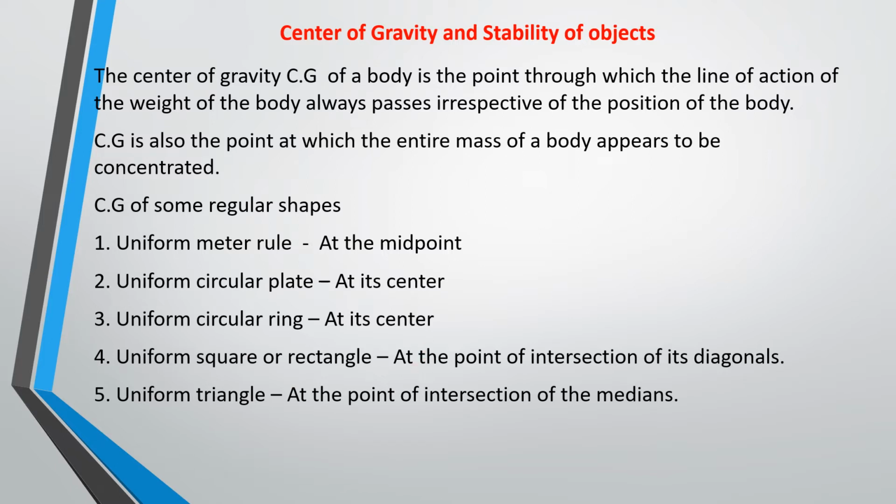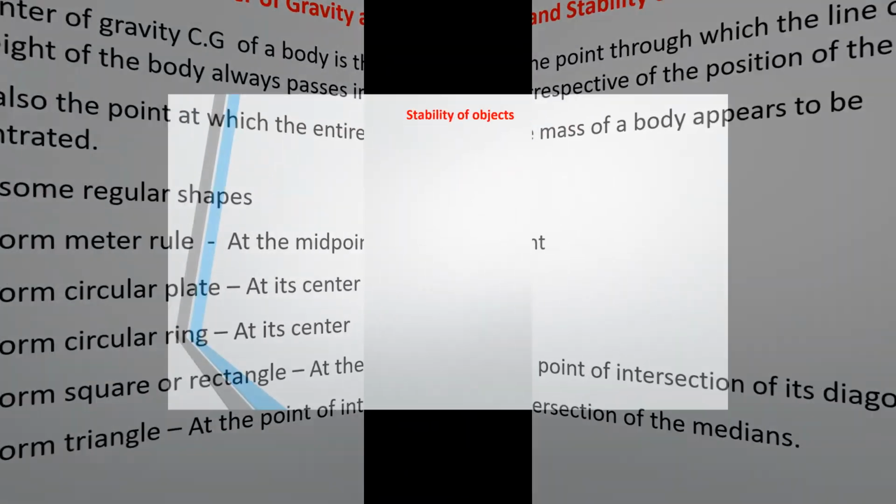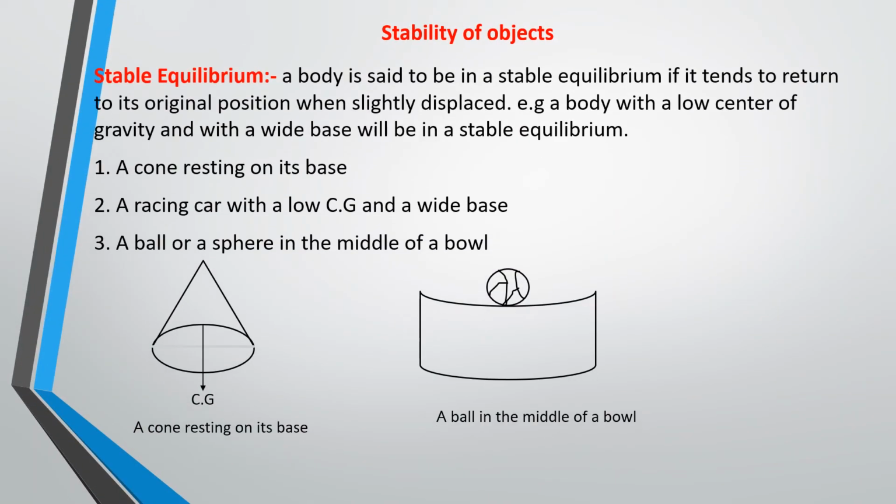Okay, so we are going to look at stability of some objects. When we're talking about stable equilibrium, that means that the body will tend to return to its original position when it is slightly displaced.